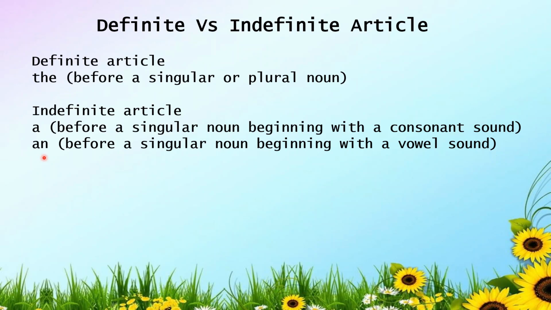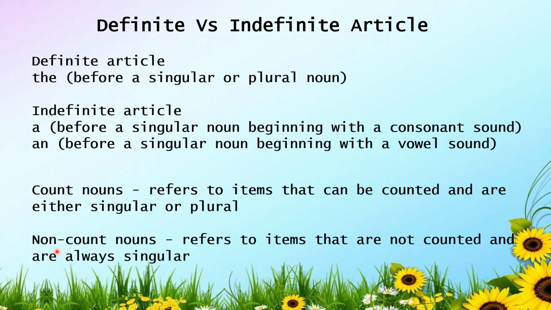An is used before a singular noun beginning with a vowel sound. Here the concern is the sound, not the letter, because sometimes the letter is a consonant but the sound is a vowel, and we still use an here.